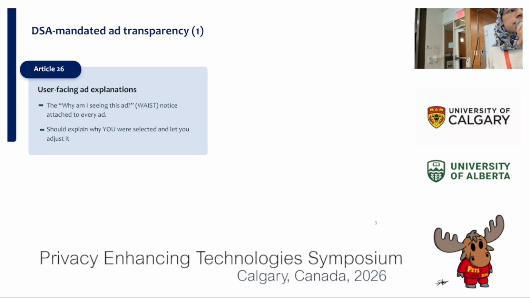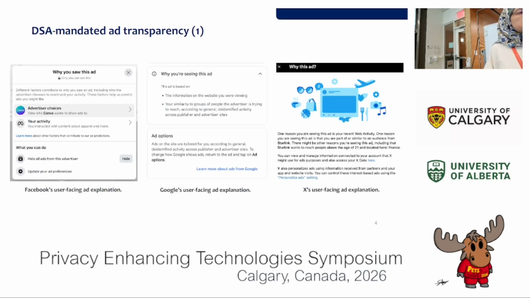The first is that platforms must explain to users why an ad is shown to them and allow them to adjust their ad preferences. Platforms implement this mandate differently.